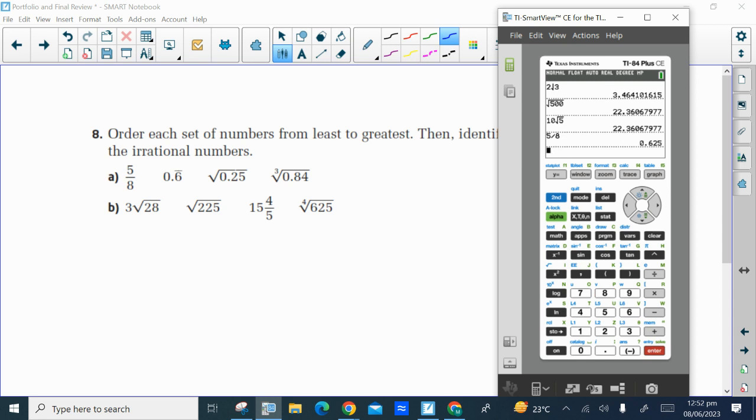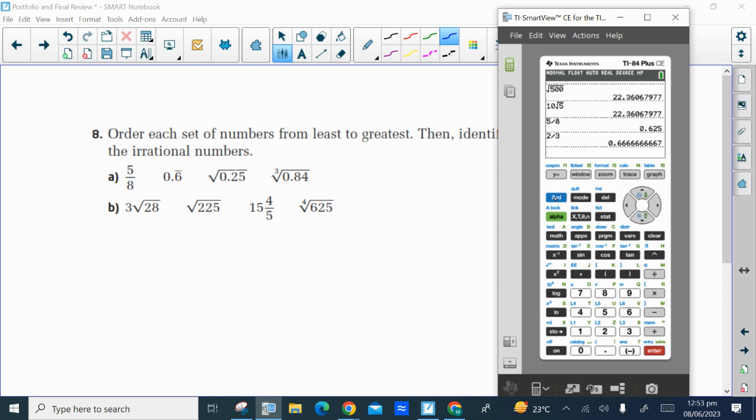A terminating decimal is rational. Same thing with a repeating decimal, 0.6 repeating. It actually comes by going 2 divided by 3. That's where that comes from. It can be expressed as a fraction. A repeating decimal can be written as a fraction, so that is a rational number.